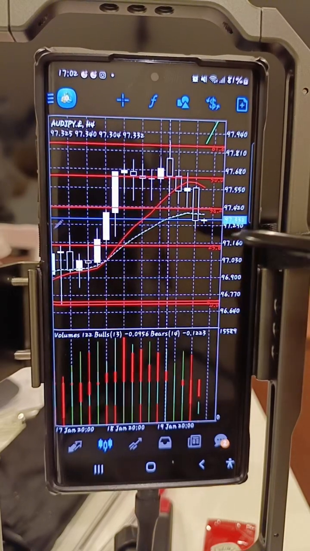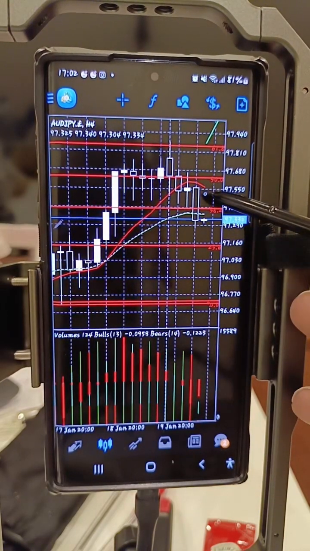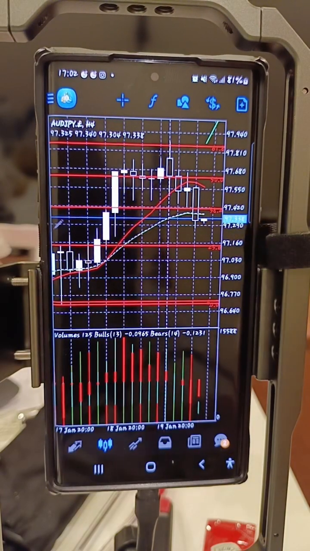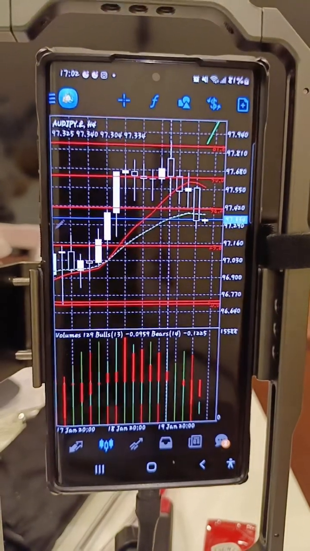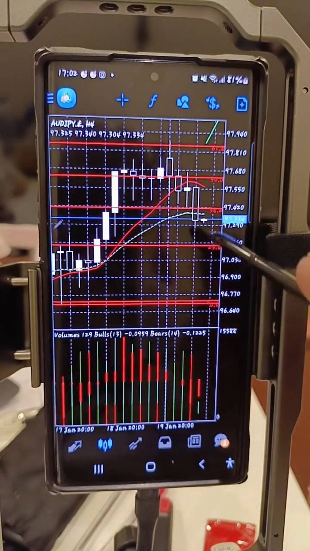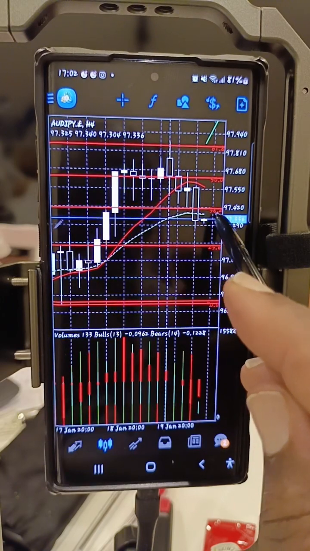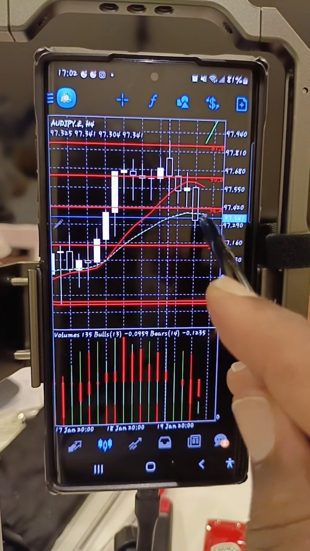Okay, 4 hour. So you can see here, selling. So I've got two now. Basically, I'm going to check to see what happened here. Is it going to respect the 38.2? And is it going to take out the 20 MA?